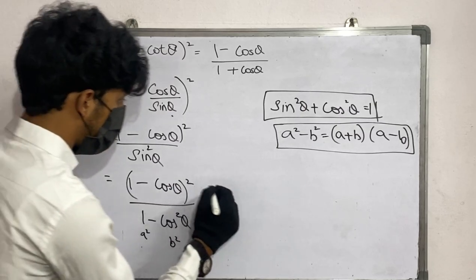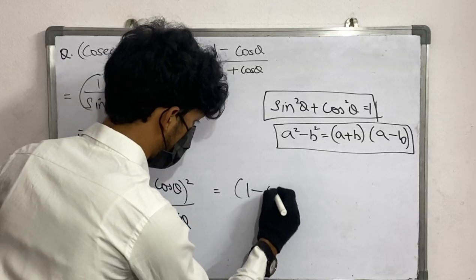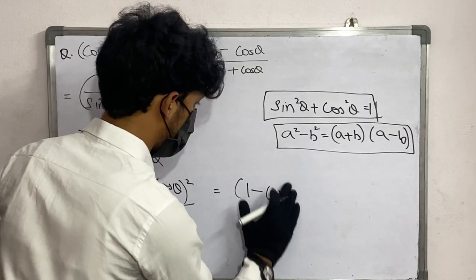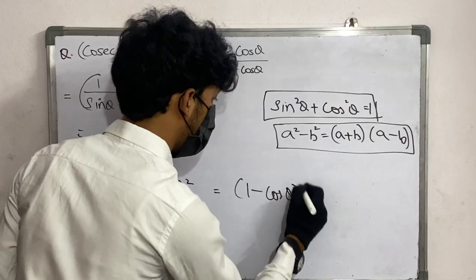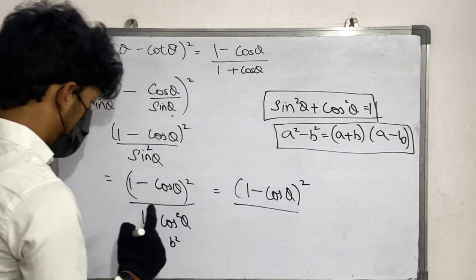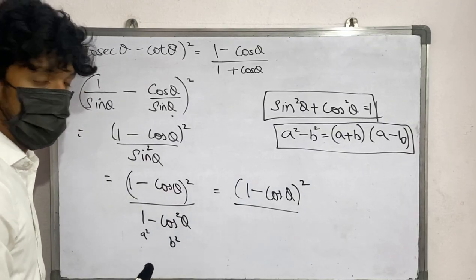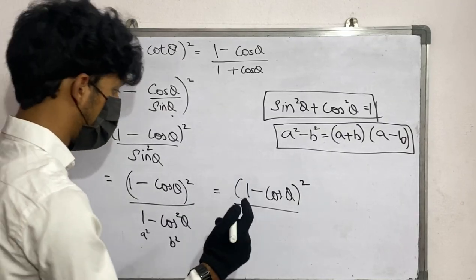So here again we have (1 minus cos theta) whole square. Again, a square minus b square can be written in the form of (a plus b) and (a minus b).